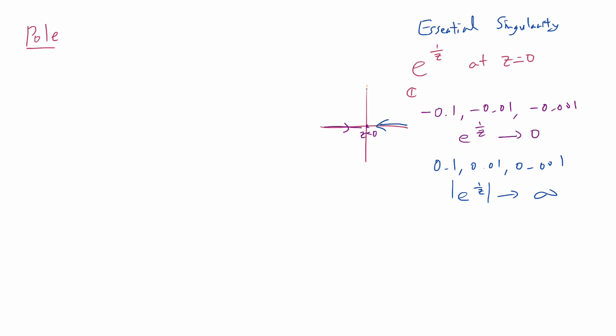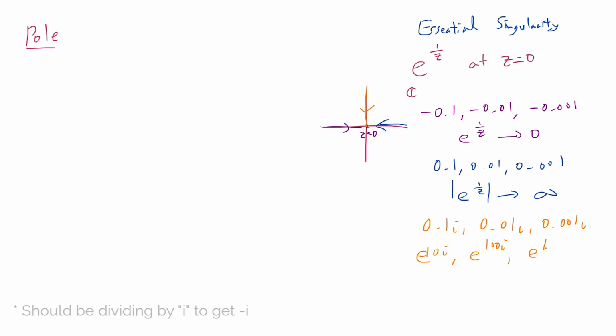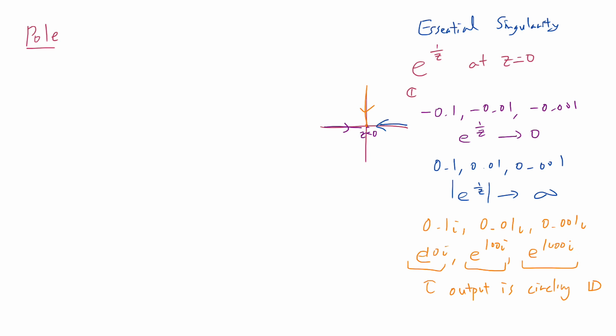If I approach from the positive imaginary axis, 0.1i, 0.01i, 0.001i, then I get e to the 10i, e to the 100i, e to the 1000i as the output, and all of these have magnitude 1. This is just the angle being 10 radians, 100 radians, 1000 radians. So you're just circling very rapidly on the unit circle.